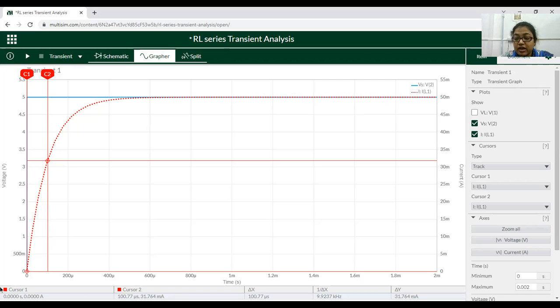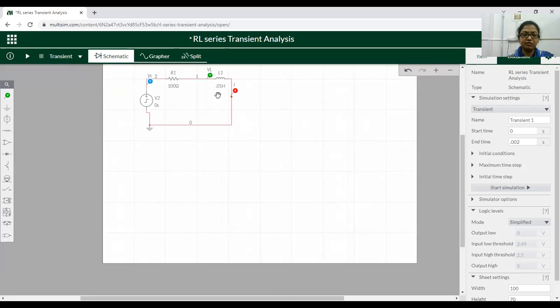Now, as we are doing the simulation or experiments, we have to find the error. For the error, first we have to know the theoretical time constant. In that PPT, I already showed you that the theoretical time constant is L by R. Here we are using L as 0.01 Henry and R as 100 ohm.